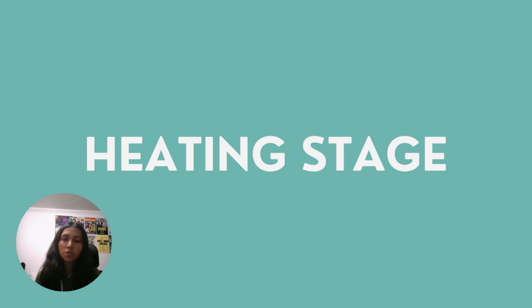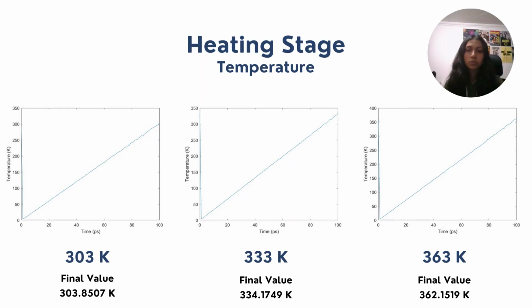Now we are going to see the results of our heating stage. In terms of temperature, we can see that when the system was heated for 100 picoseconds, an increase in the temperature as a function of time was obtained. Comparing the three systems, we notice that at higher temperatures we have a greater slope.